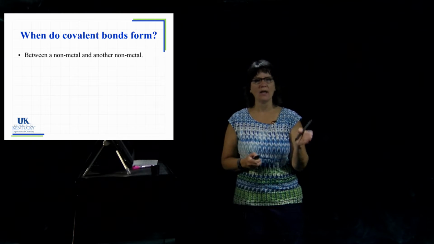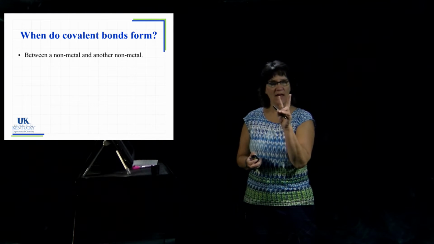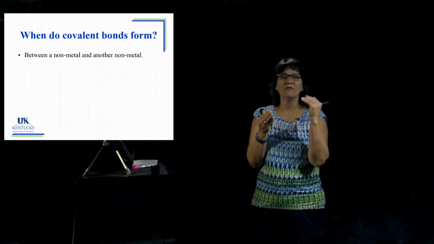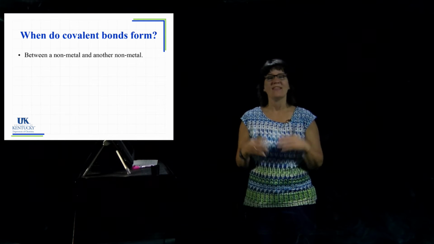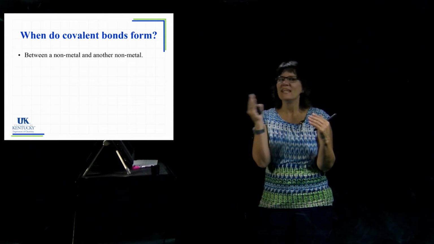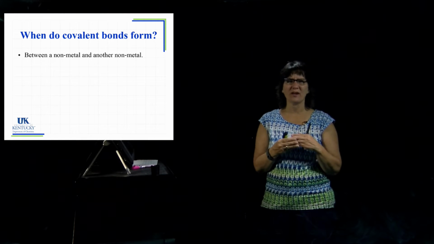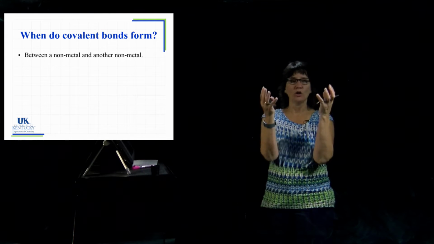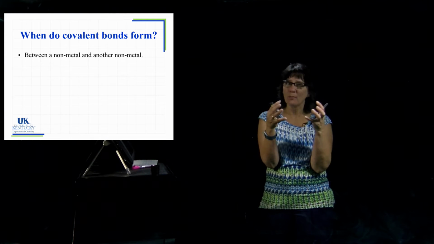If we have a nonmetal connected to a nonmetal, they are going to do it by sharing, because both nonmetals are a little bit away from having 8. They just need a couple more. Neither one wants to give electrons to the other and say, you can have my electron, sure, no problem.